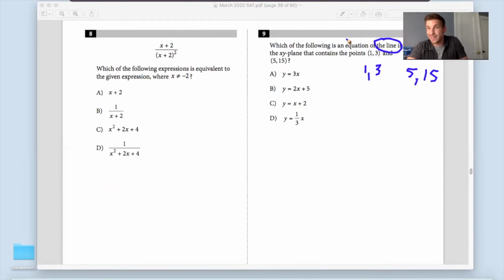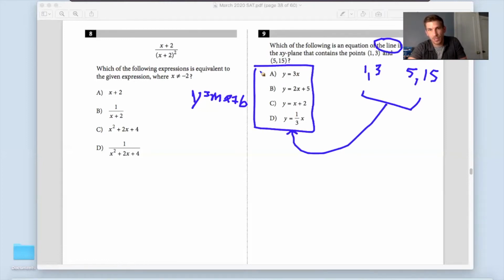I skim my answer choices, and they are all in y equals mx plus b form. So the question is, what can I derive from the information they give me that I can use to answer this question? You may not be able to actually get the y-intercepts, but what you can get is the slope.